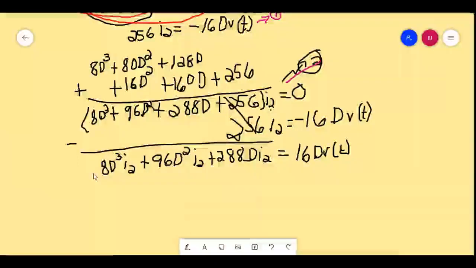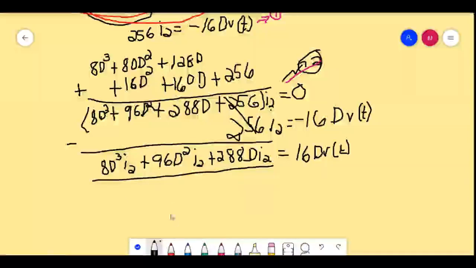Okay, now what do we do next? We already have the I2s here, but we can still do something here. All of these have d as their variable, so we can actually factor out d, or we could divide both sides by d, as there's also a d on the other side. Because there's a d over dt here, we could have that eliminated.